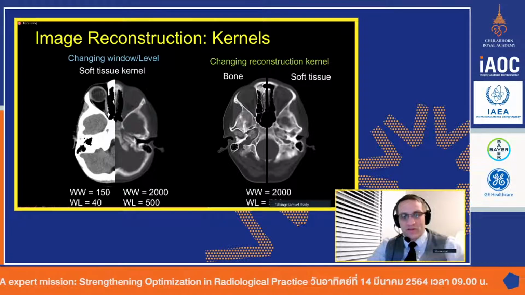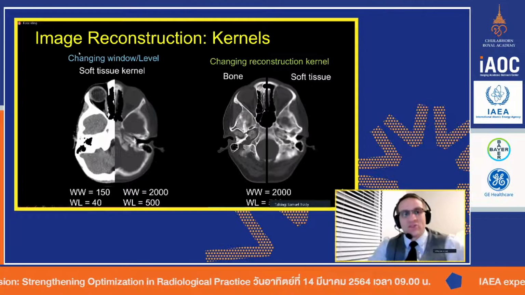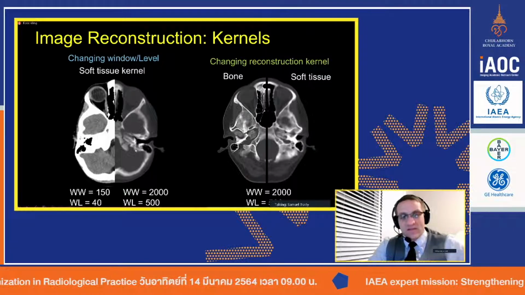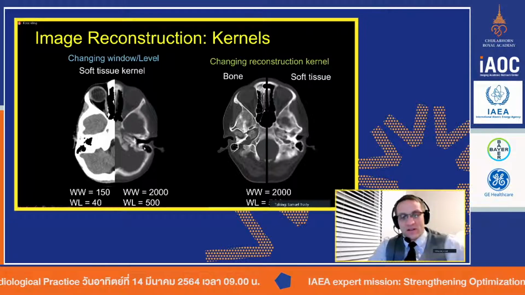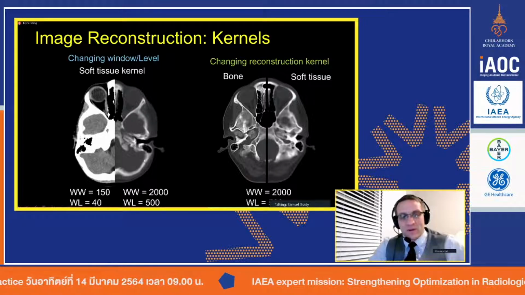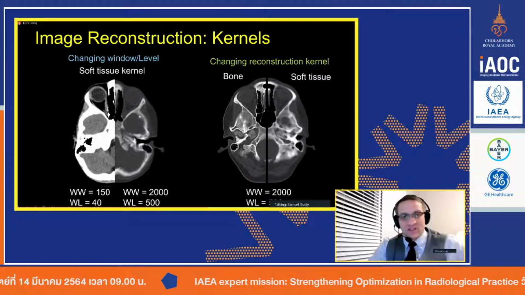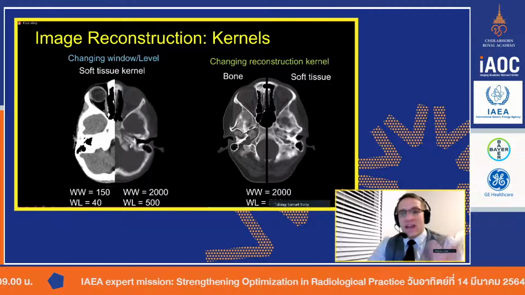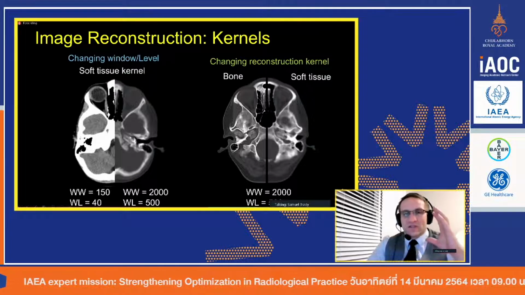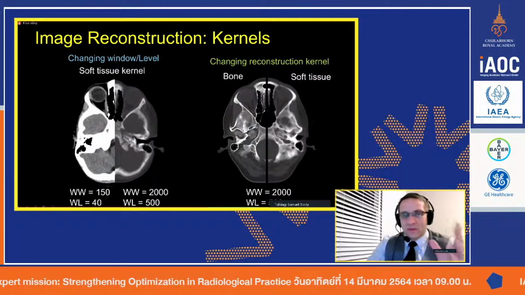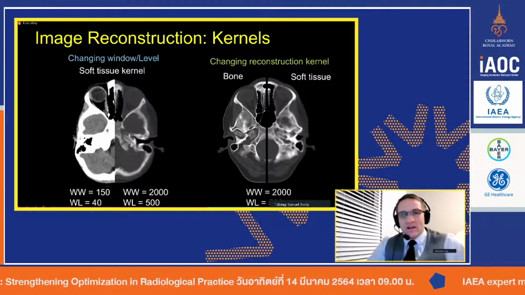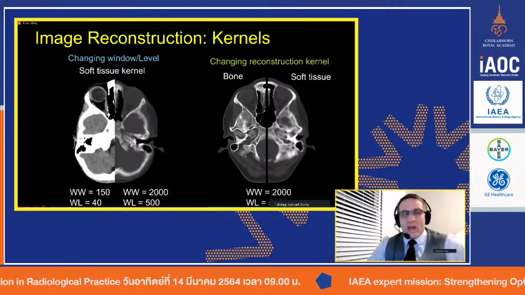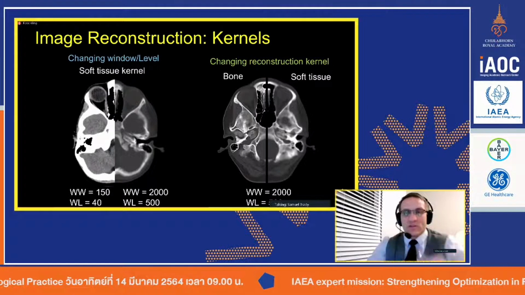But when you slide that over to the bone, because we used a soft tissue kernel, we didn't actually accentuate any of the resolution or any of the features of the bone, and so it just looks all washed out. We can see the bone better, but we can't answer the diagnostic question of whether there are any issues with the bony anatomy, just because we haven't properly reconstructed the bone itself.